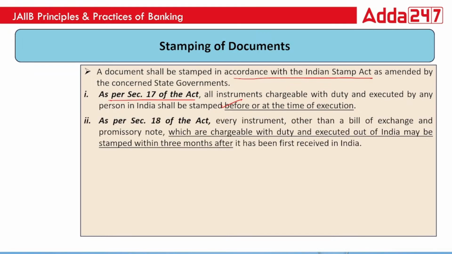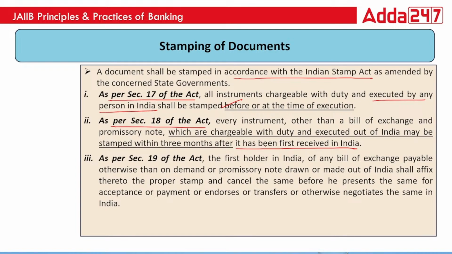If it is executed by any person in India, Section 17 applies. Under Section 18 of the Act, if it is executed by any person outside India, then it can be stamped within 3 months after it has been first received in India.